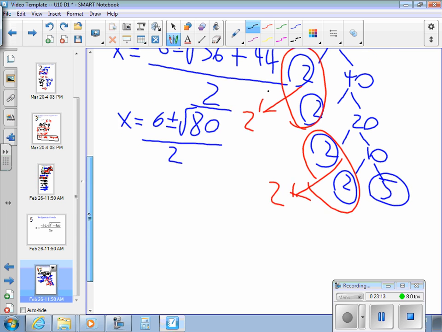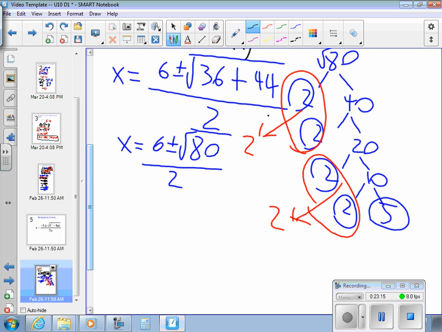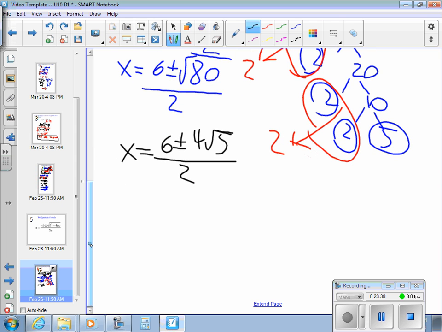So let's move this so we can see everything. So now we have x equals 6 plus or minus 2 times 2 is 4 times the square root of 5 over 2. Now we could break this apart into 2 equations to solve it, or we can just take both terms and divide them by 2, distribute the dividing by 2, giving us x equals 3 plus or minus 2 times the square root of 5.